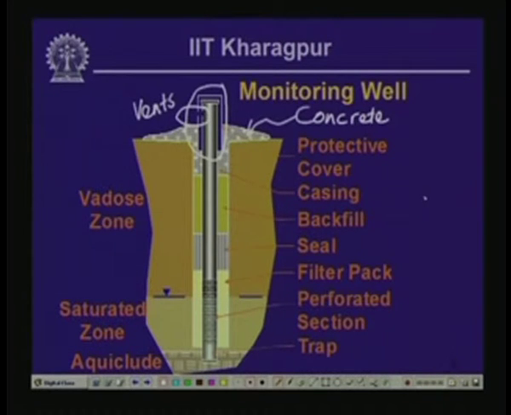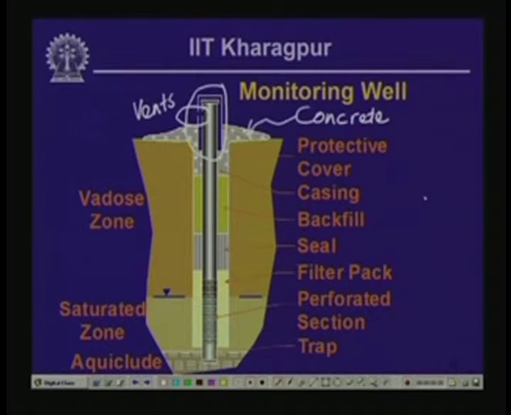Typically you can use silty clay or clay silt or glacial till or that kind of material which is not totally permeable, and underneath the backfill there is a seal. This particular seal is constructed using very fine grained material such as bentonite in order to seal the portion of the casing tube that is used in extracting groundwater, which is in turn encased within a filter pack.